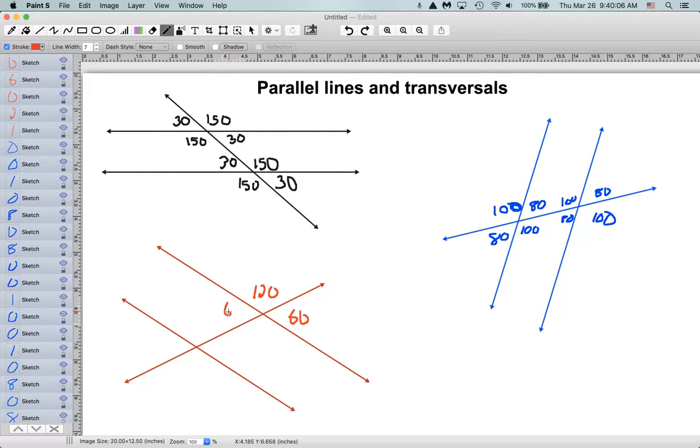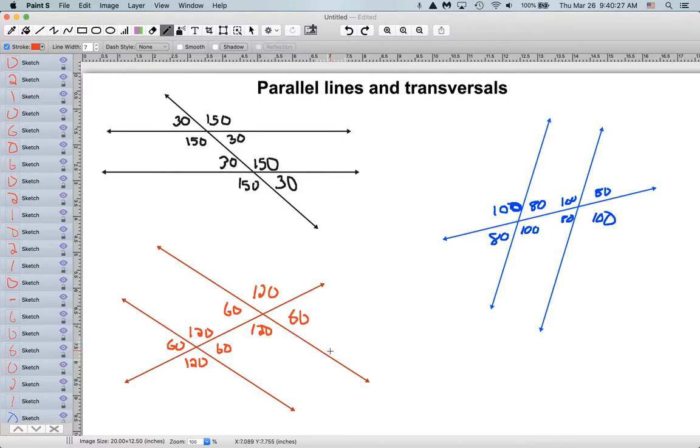And then we can just zigzag down here, 60, 120, 120, 60, 60, and 120.